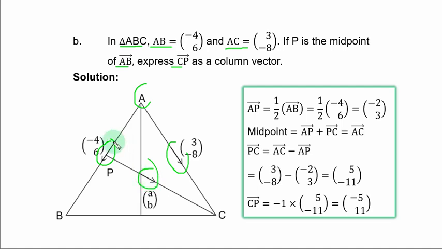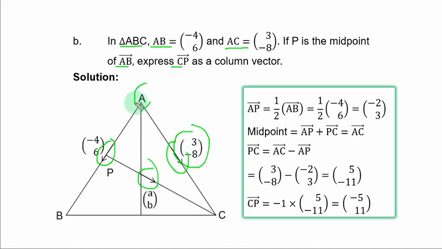All right, so we have the midpoint, and for us to get vector PC, we'll look at this from here to this place and to this place. So for us to get PC first, it means you must get AP. Already AC is this column vector.